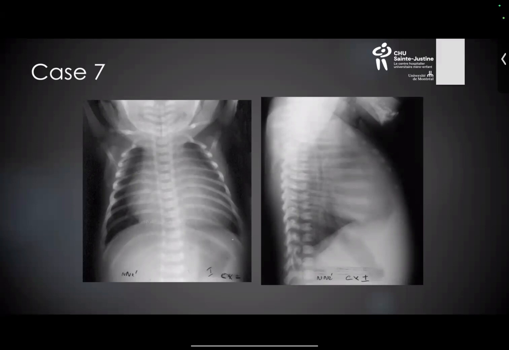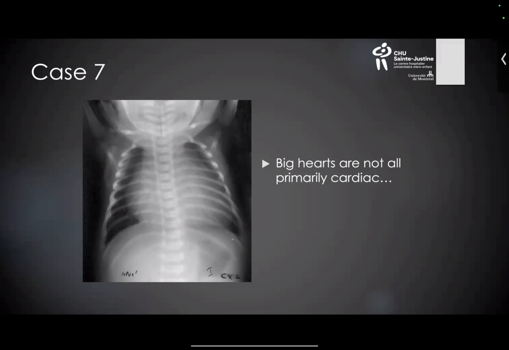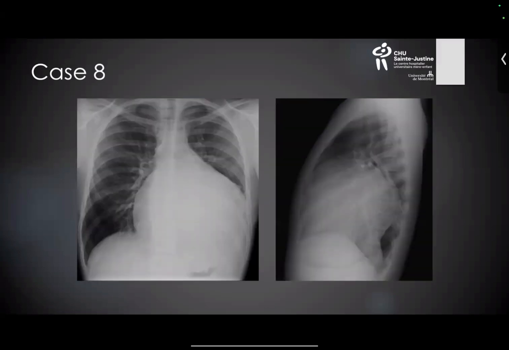So even though you can maybe later in life have increased vascularization, usually when the baby is just born it's hard to see. In that particular case, you see the big heart on the chest X-ray, and it was a cerebral AV fistula, a vein of Galen malformation. So not every big heart is from the heart.